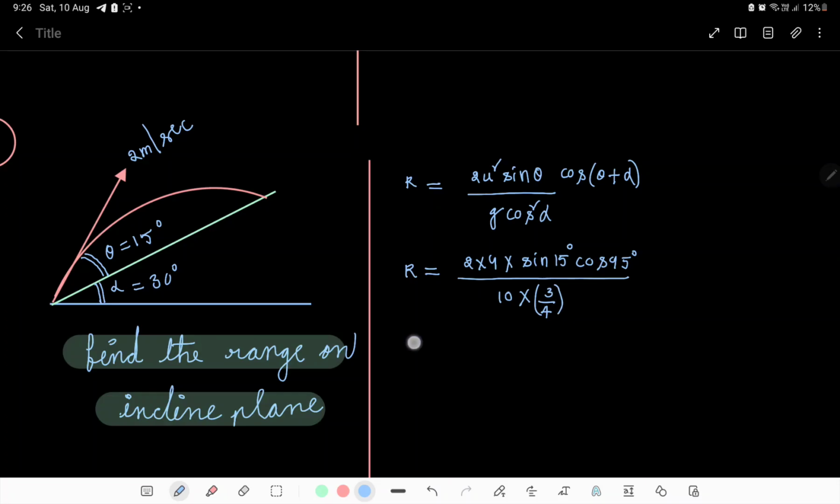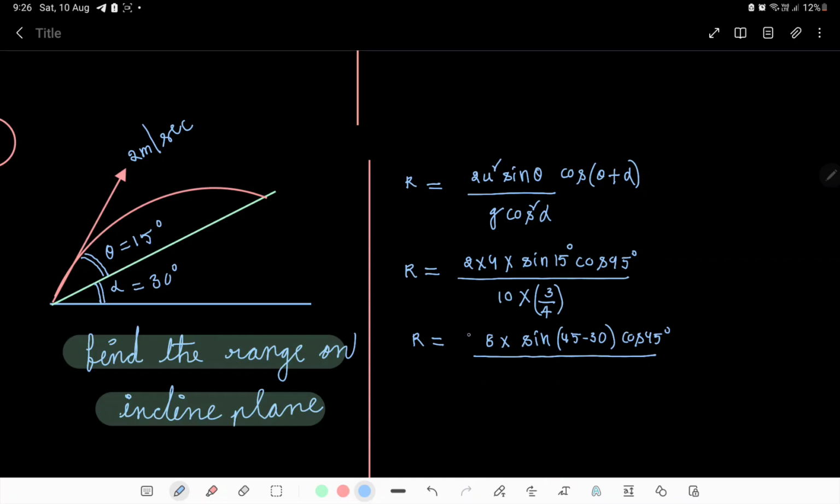Therefore we have R equal to, converting that 2 into 4, which is nothing but 8, 8 into sin 15. This is the only step that you are going to change: sin 15 can be written as sin(45 minus 30 degrees), into cos 45, by 30 by 4.